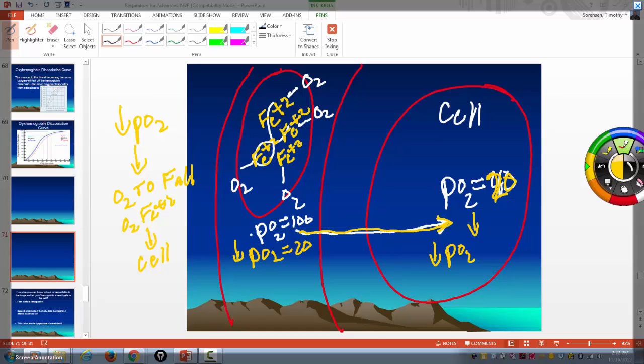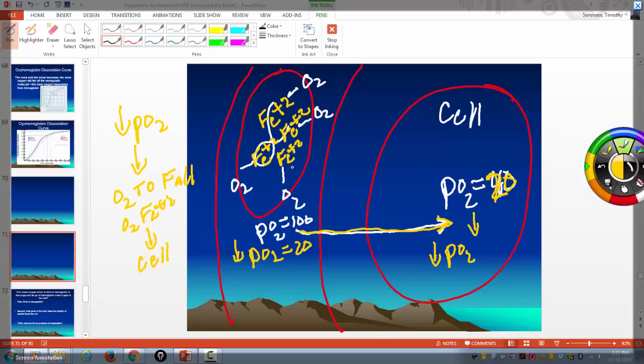That means the difference between the arterial end of the capillary, which has a PO2 of 100, and the PO2 inside the cell is greater. So more O2 is going to go in from the arterial end of the capillary into the cell by pressure, and that's going to drop the PO2 and make oxygen fall off the iron on hemoglobin easier.